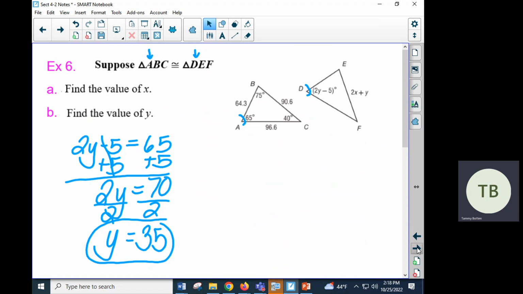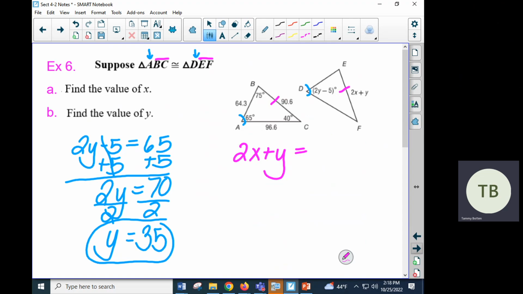Okay, now I have to still solve for my x. And notice the x is over here, and that's side EF. EF is the last two letters of that, so it's going to equal BC. So EF is going to equal BC. So I can write 2x plus y is going to equal 90.6.